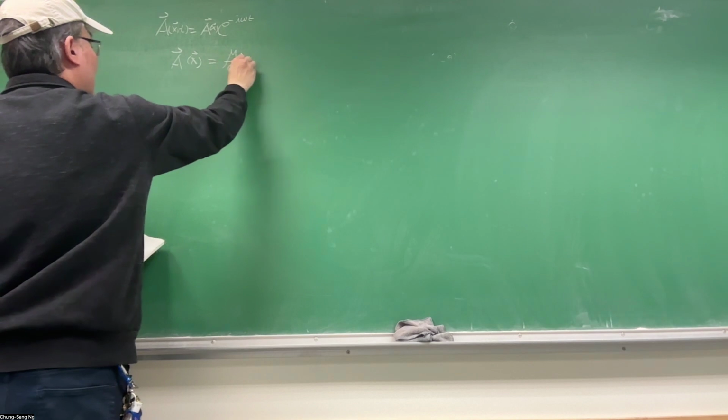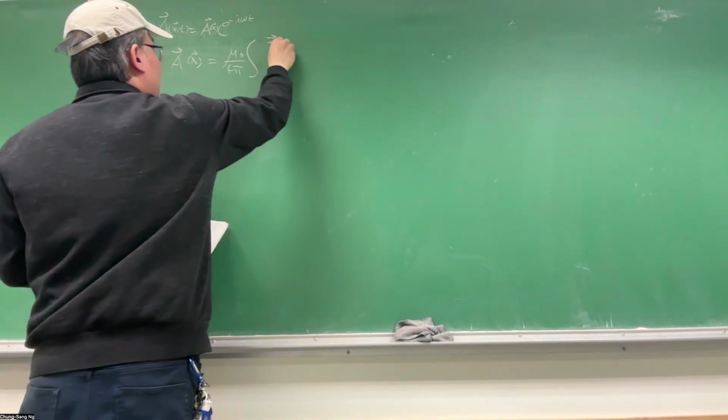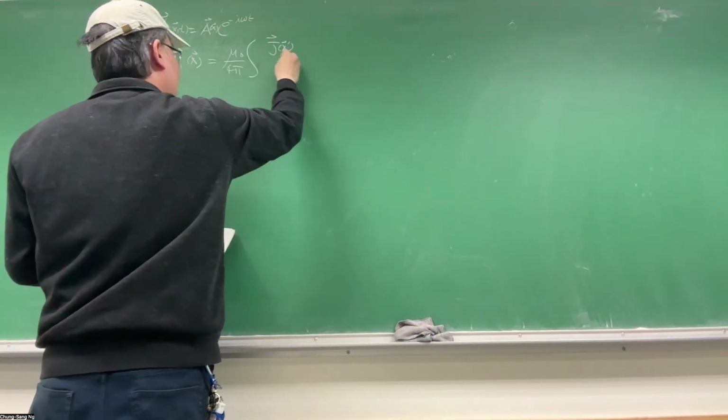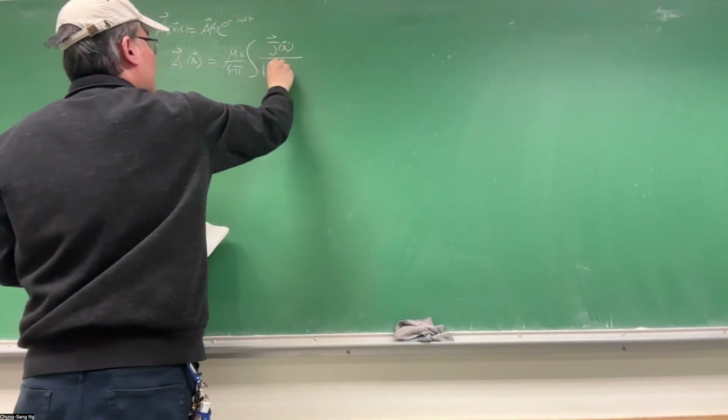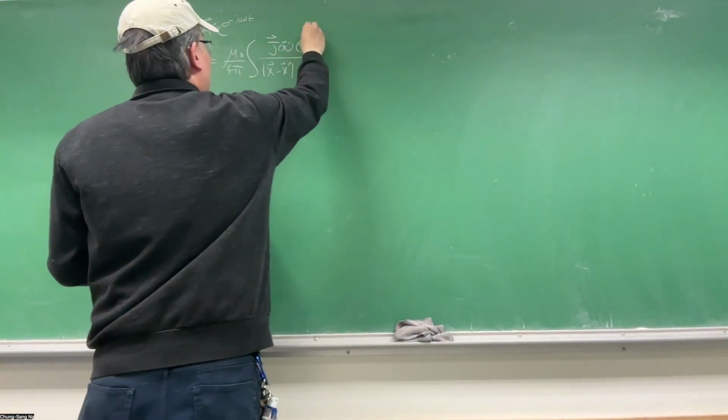It is mu over 4 pi, integrating d^3x prime, J(x prime) divided by |x minus x prime|, and then you have this exponential function.